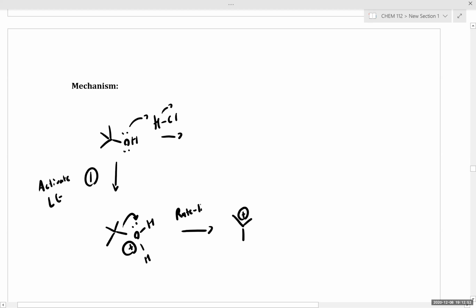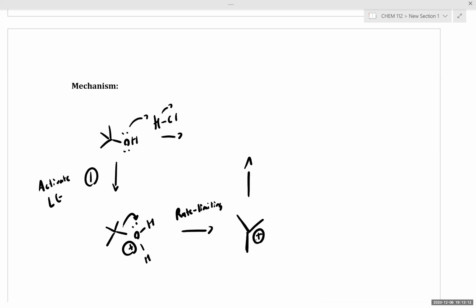This is our rate limiting step. Finally, what is our nucleophile in this process? What is our nucleophile for this SN1 reaction?